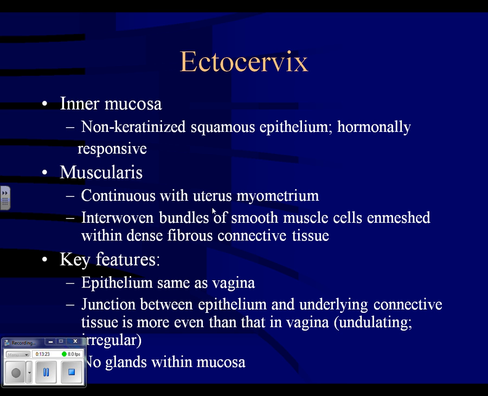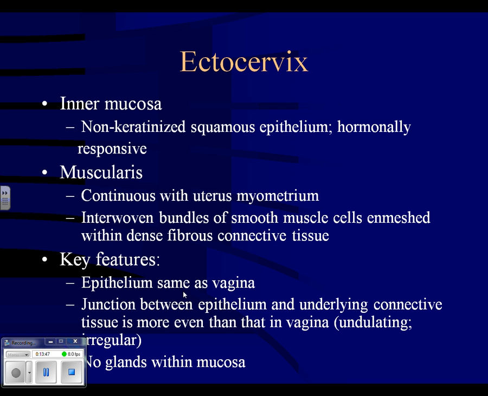It is, of course, hormonally responsive like everything else. Then the smooth muscle layer of the ectocervix is continuous with the uterine myometrium. They're interwoven bundles of smooth muscle, somewhat more organized than those of the vagina, and they're enmeshed within a dense fibrous connective tissue, which gets looser as you move up the uterus.